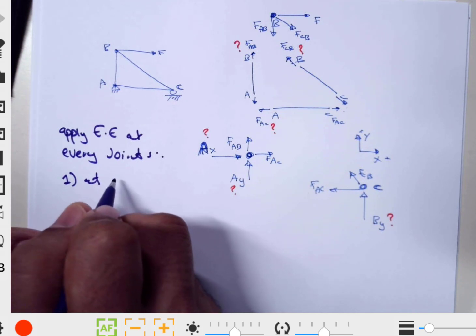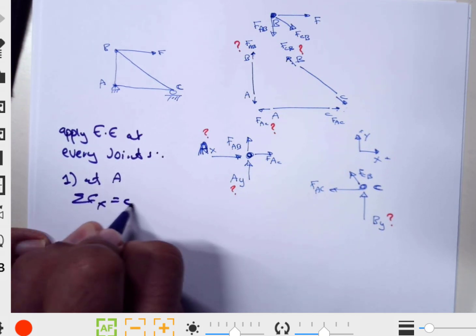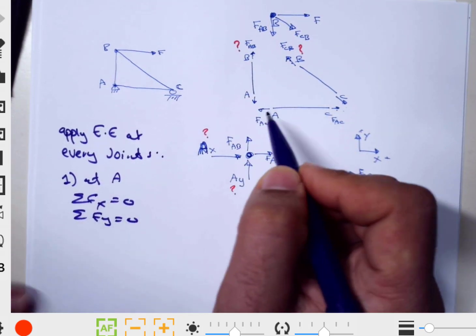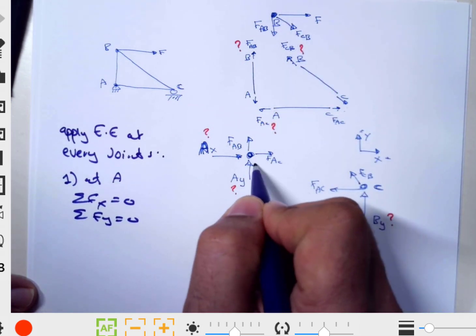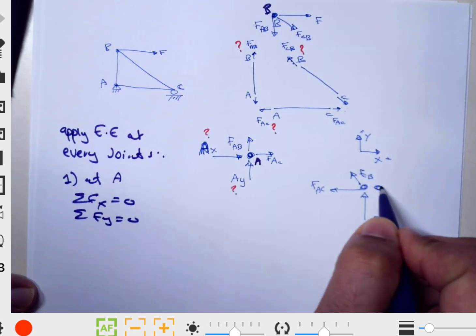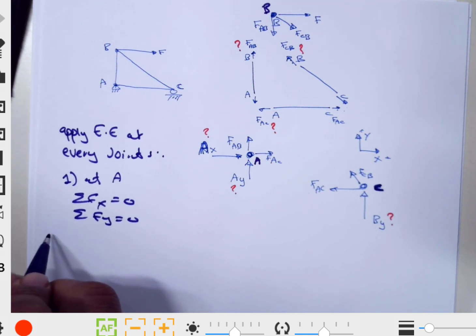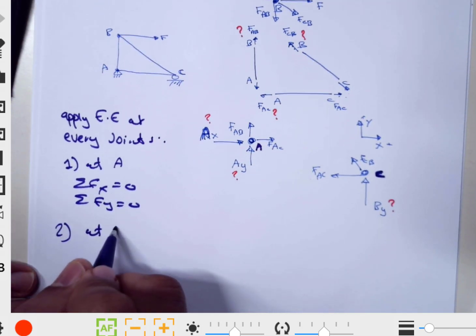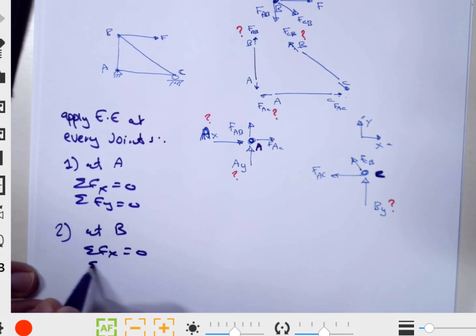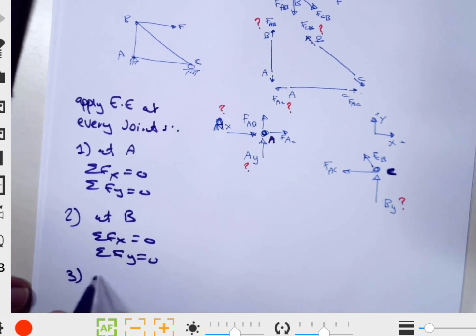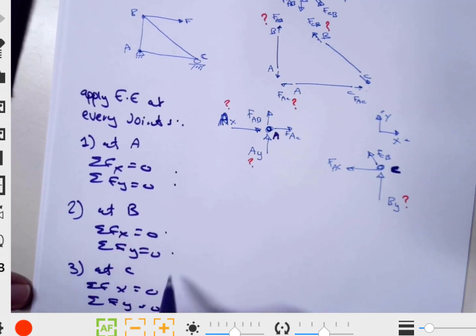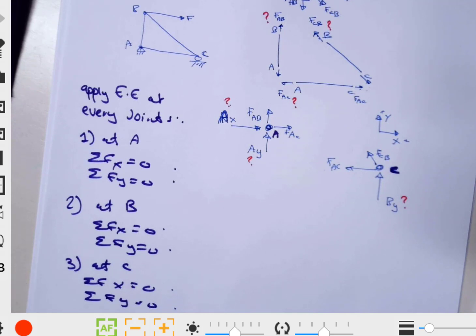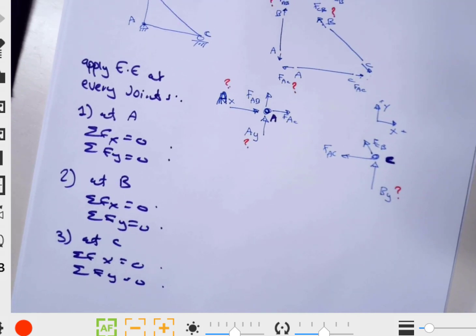You say at A, sum of Fx equal to 0 and sum of Fy equal to 0. So you look at A. Where is my A? This is in fact my A here. This is my B, and this is my C, right? And at B, same thing, and the same at C. So you have 1, 2, 3, 4, 5, 6 equations to solve the 6 unknowns. That's the method of joints.